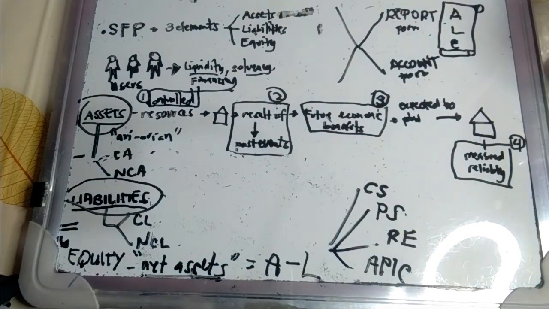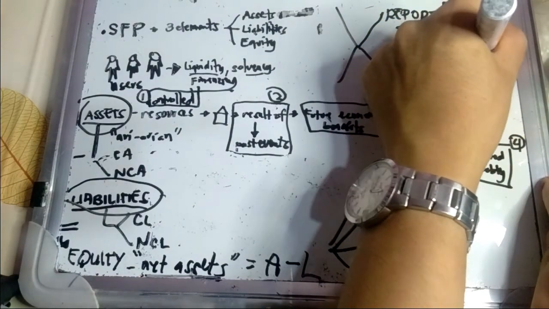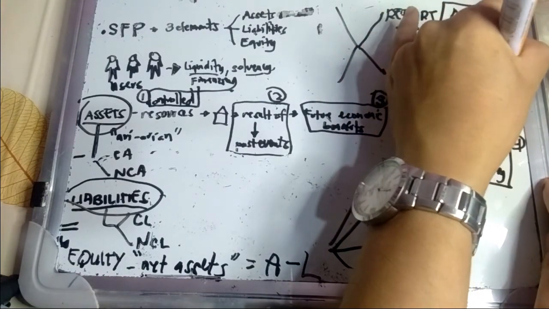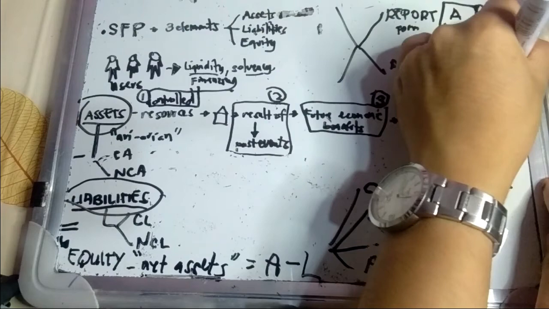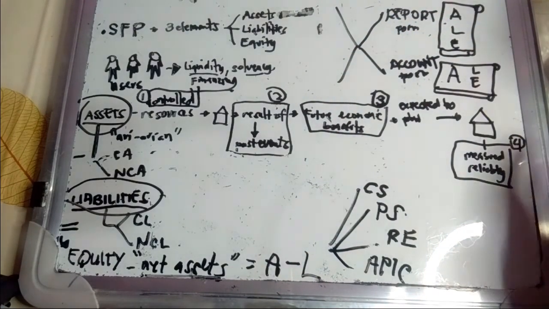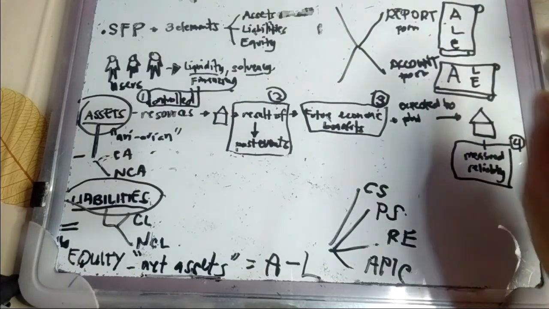Yung account form naman, as suggest, the presentation follows the account, meaning the assets are shown on the left side, liabilities are shown on the right side, as well as the equity. So, pag account form, ganito yan. Ganito yung kalalabasan niya. Habang yung report form naman, ganito.